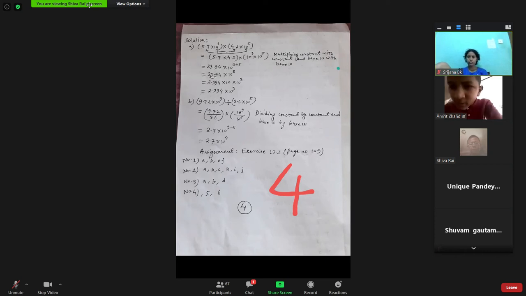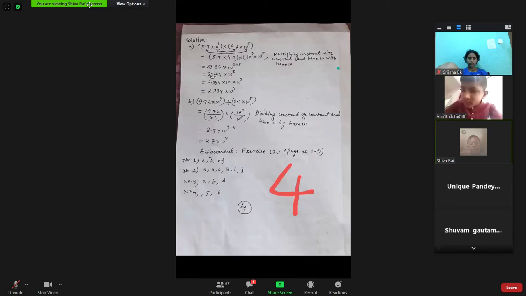First one is multiplication. So you multiply 5.7 into 4.2: constant with constant. And another, multiply base 10 with base 10, it means 10 cube with 10 to the power 5. You put them together: constant with constant, base 10 with base 10.